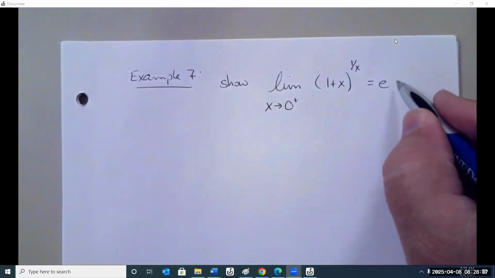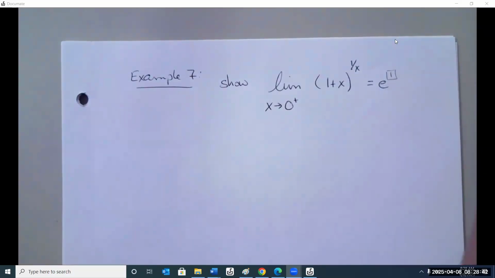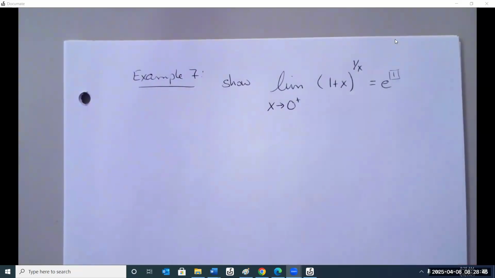What is the power of e? Yeah, so this is what we're looking for. We have to take the limit of this function, make it equal to 1.